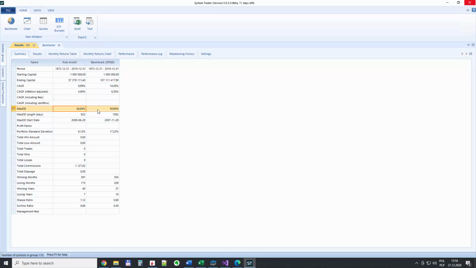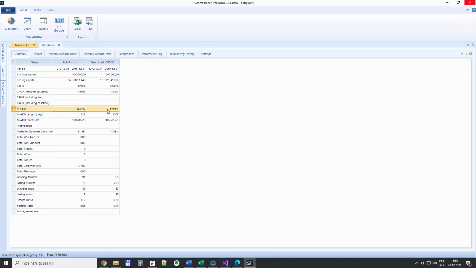But the maximum drawdown in that particular portfolio is almost twice smaller than in the case of the S&P 500, which I think is very important for many investors, because of course it would be better in terms of returns to invest fully in the S&P 500, but we have to know that from the psychological point of view, it's very difficult to go through the maximum drawdown.